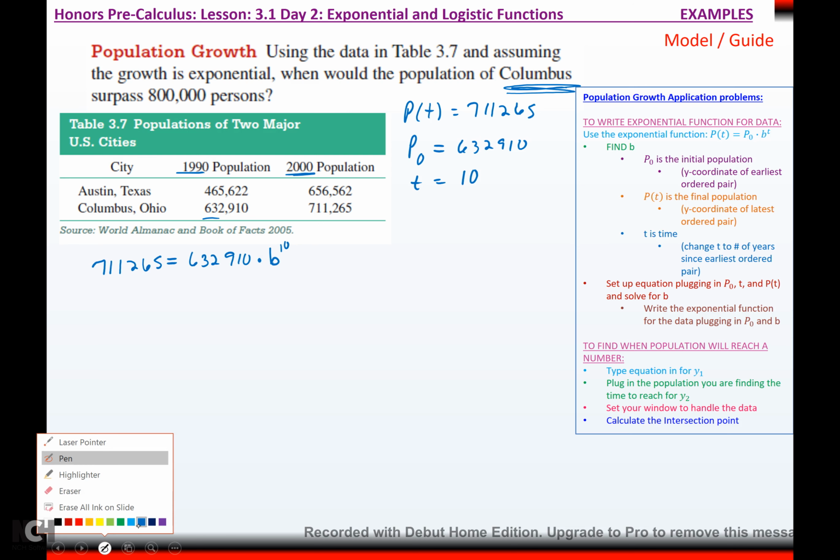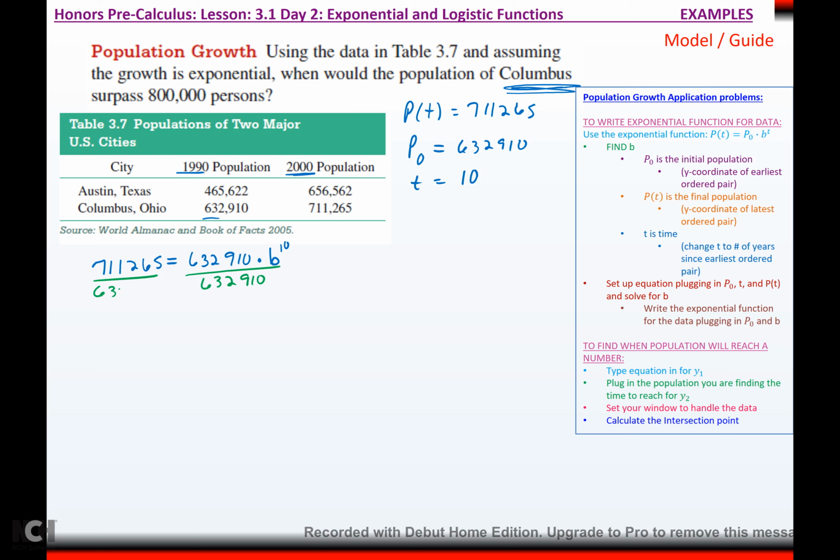So same drill. We're going to isolate b to kill it. So I'm going to divide by 632,910 on both sides. That gives me b to the 10th equals 711,265 divided by 632,910, which is 1.123801172.